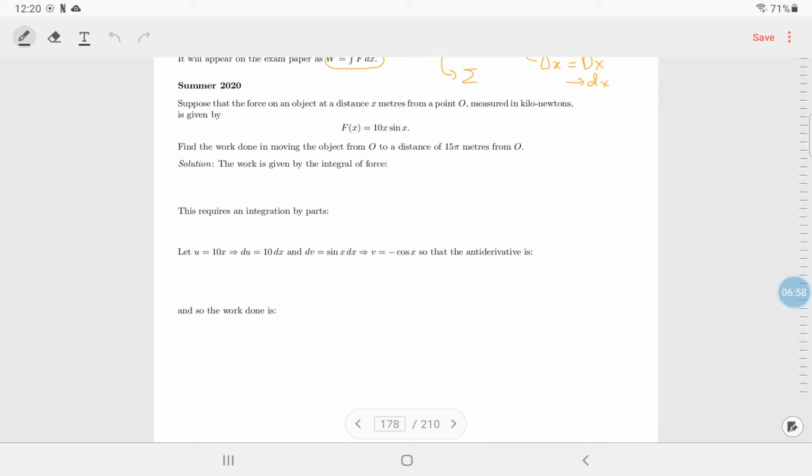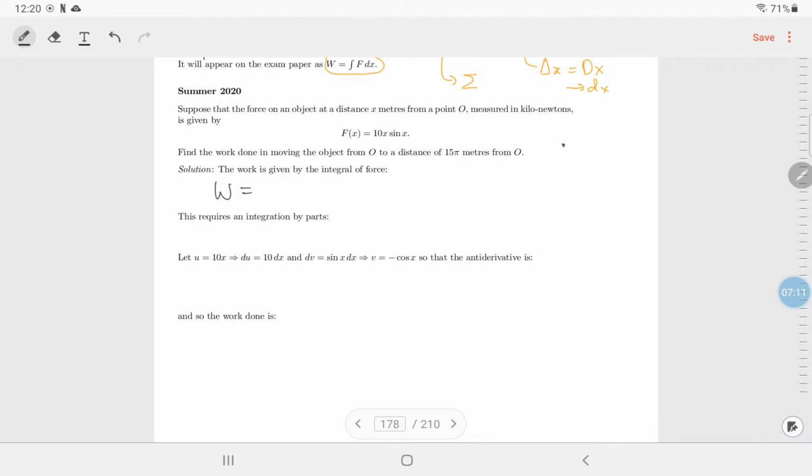So the work is the integral. Suppose that the force on an object at a distance x from a point O. So you've got some point O, and you've got a formula for the force at a distance x. And we're trying to go from O to a distance 15 pi.